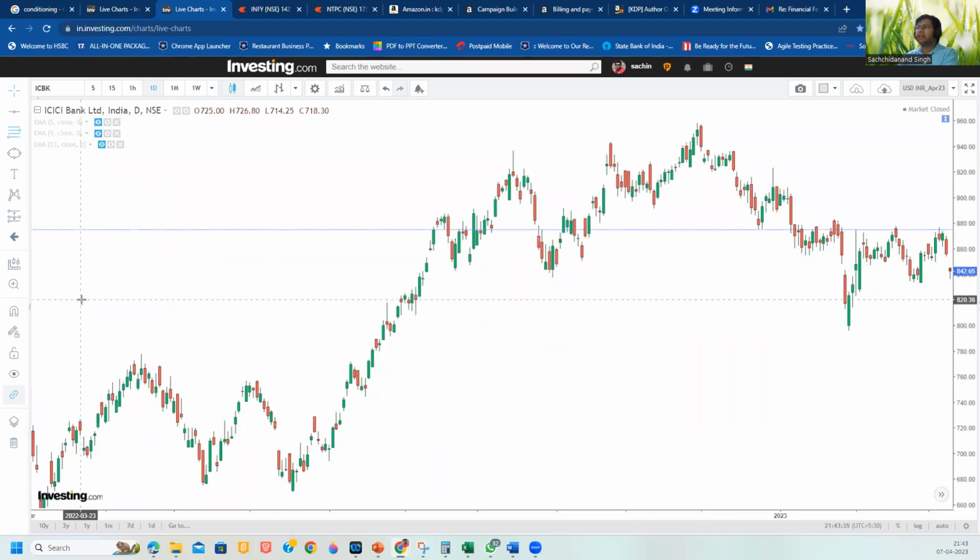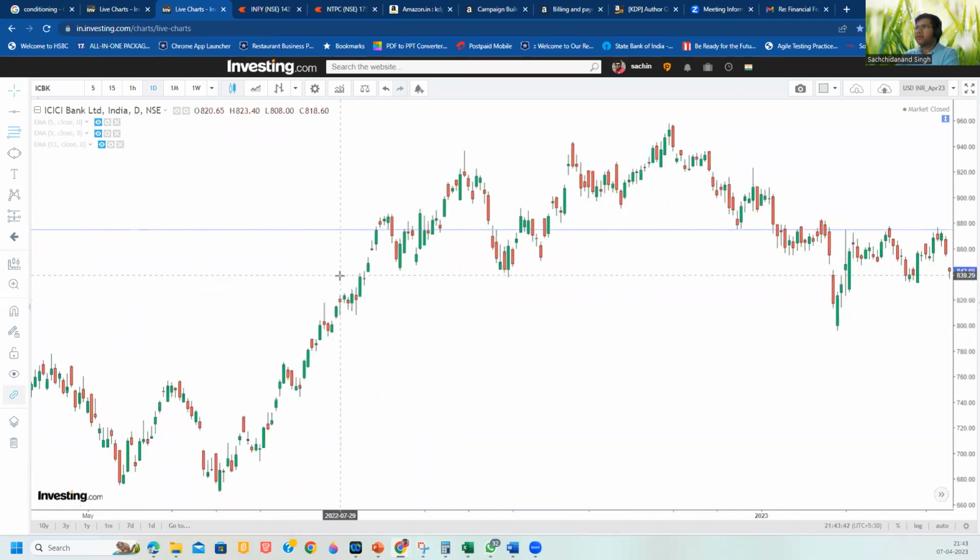Now look very carefully at how to plot that retracement. In an upward direction, when the price is moving, you need to see what the top level is. As of now, this is one top level, and there is this top level. But we need to see the first retracement, where the price is coming down.